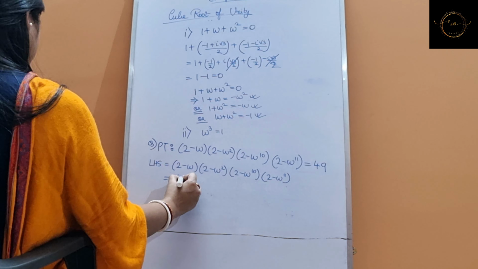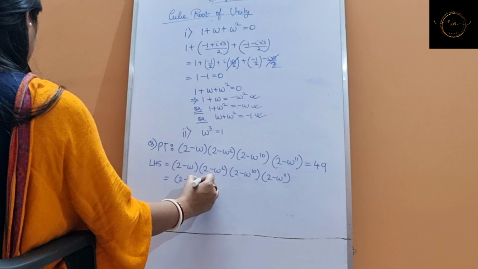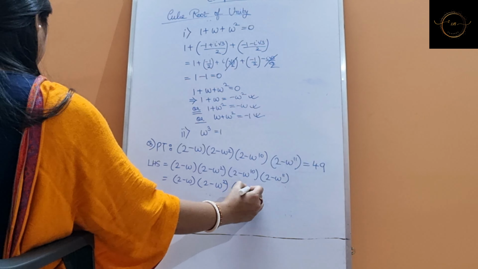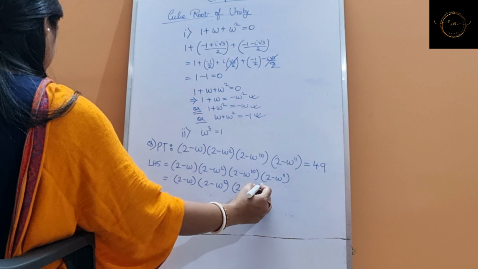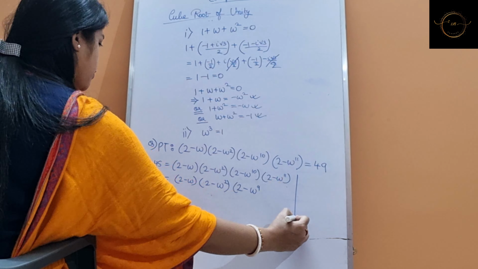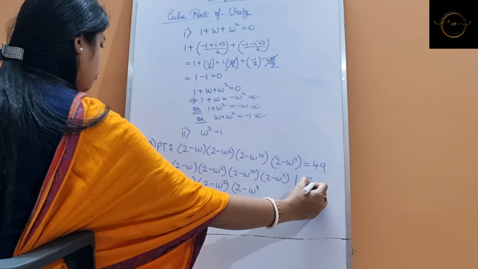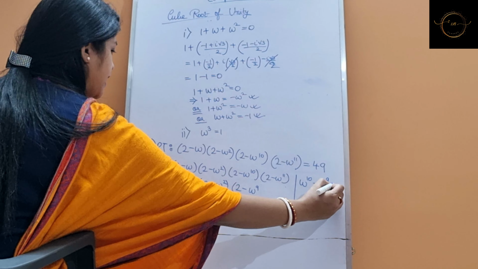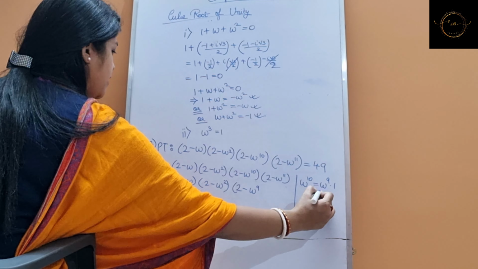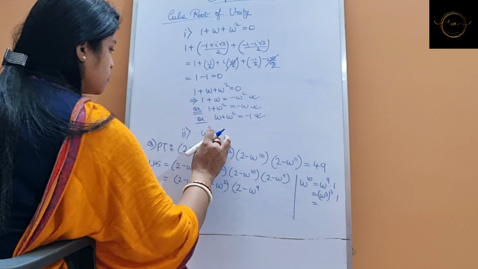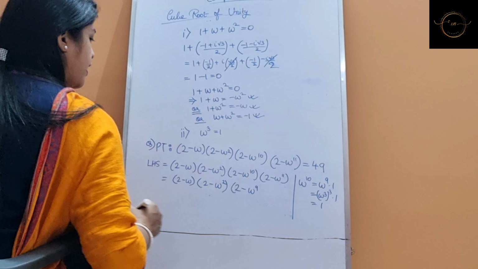Here I can write 2 minus w to the power 10 by separately calculating the value of w to the power 10. This is equal to w to the power 9 into w. 9 means cube whole to the power 3, and w cube value is 1, so 1 cube into 1 is 1.